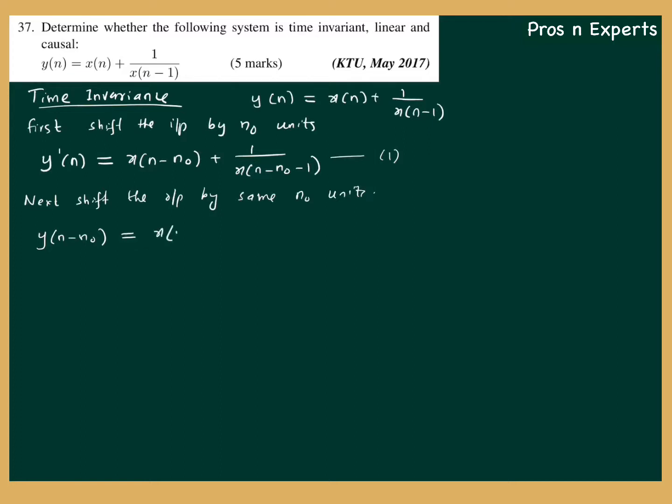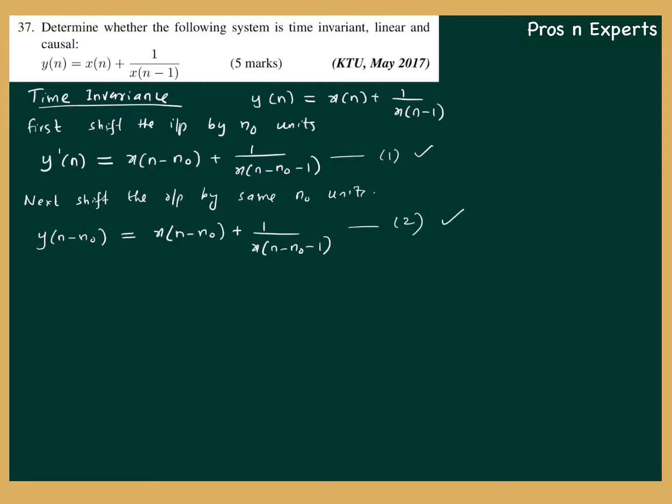So x of n minus n0 plus 1 by x of n minus n0 minus 1. So that is the equation we got when we shifted the output also with the same n0 unit, and give it equation number 2. Now observe the RHS of equation number 1 and equation number 2. Are they same? Of course they are same.